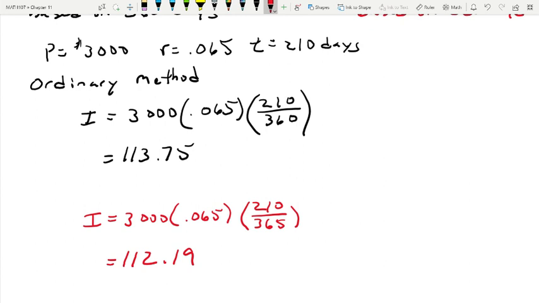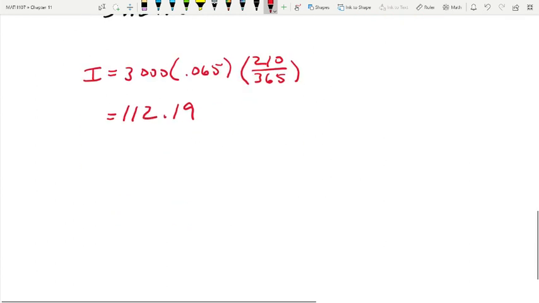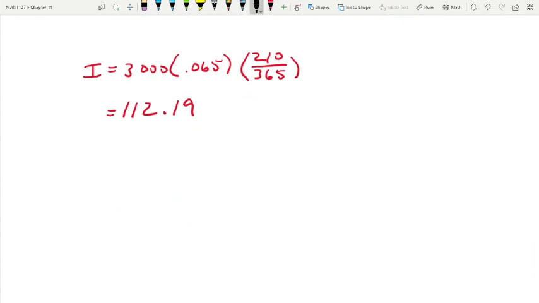All right. So we had up earlier that A is equal to P plus I. I could also say A is equal to P plus PRT.